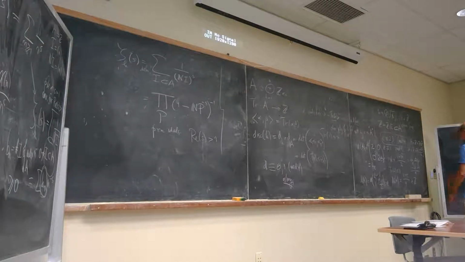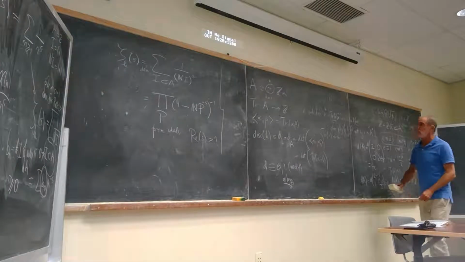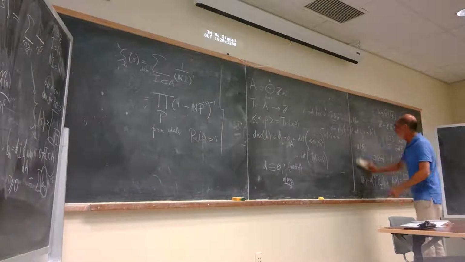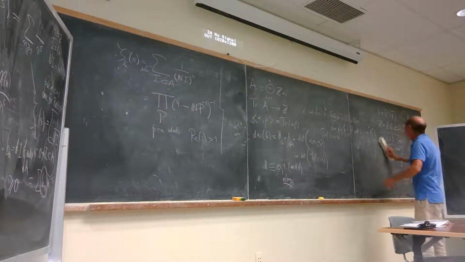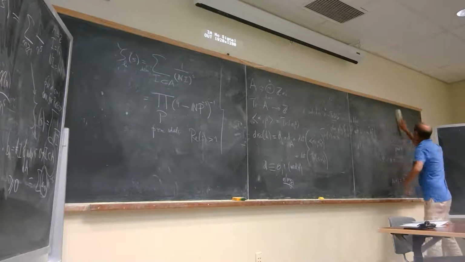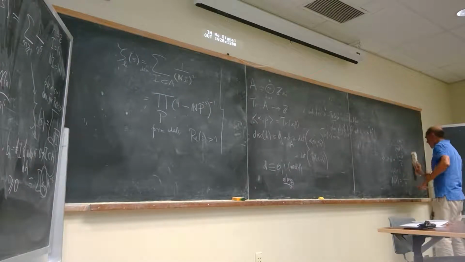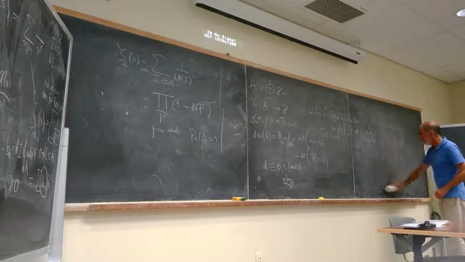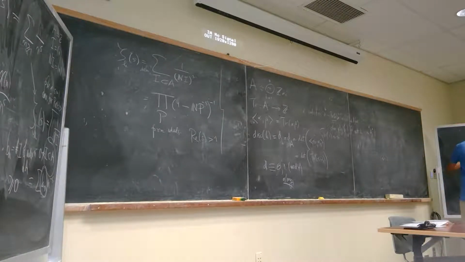Now, what about the prime ideals of this quadratic ring? Well, we have a basis for it. We saw, by the way, that this always contained this Z plus Z square root of d.